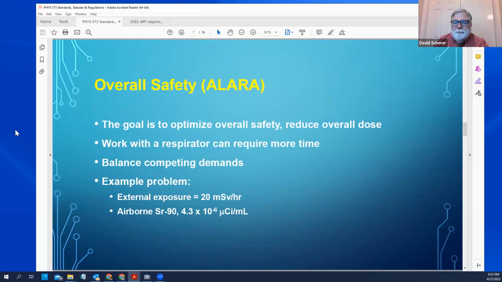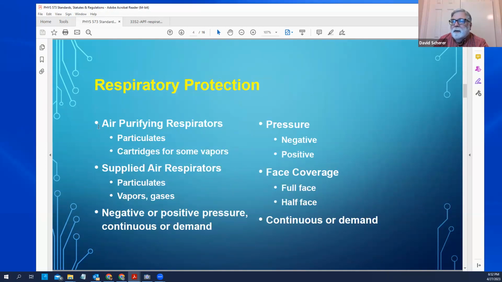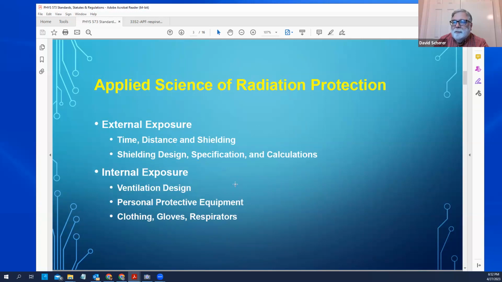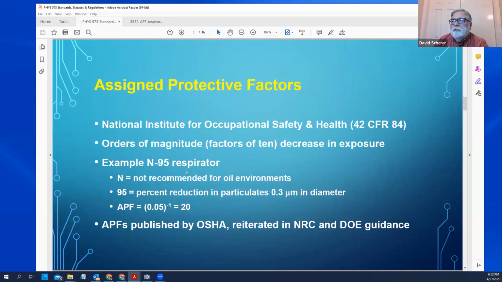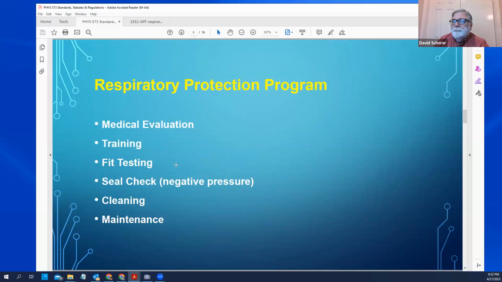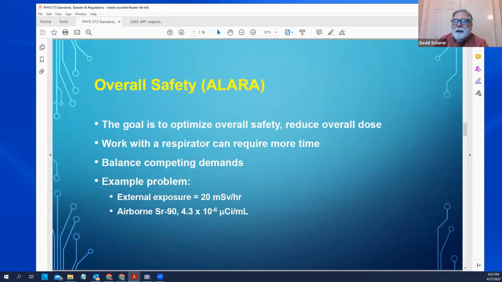Now, I want to mention that we've talked about external radiation, and we talked about internal radiation exposure. In an overall safety program, when we're trying to keep exposures as low as reasonably achievable, optimizing exposures, there are times when these two hazards compete against each other with regard to safety.